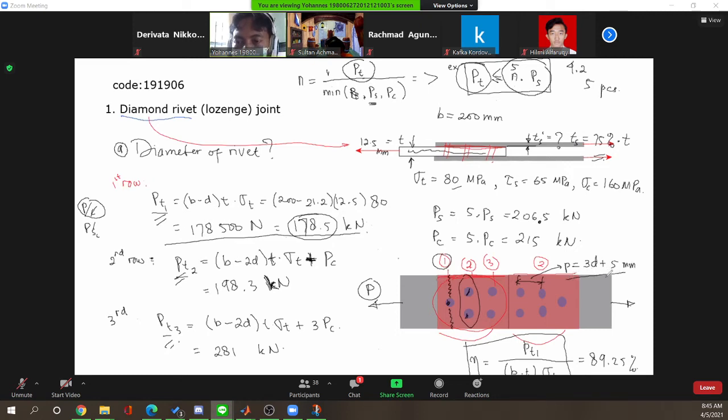This comes from the standard. If we use a shorter distance than this, or the rivets are too close, then a tearing failure will occur between these rivets, something like this. Okay, this is too close. Then there is the tearing failure.